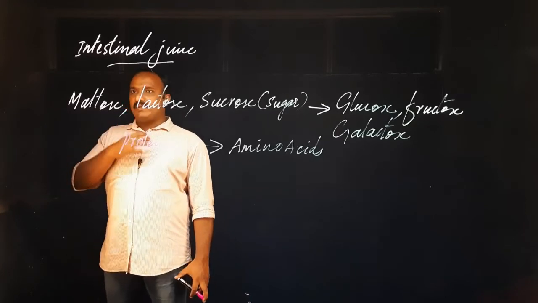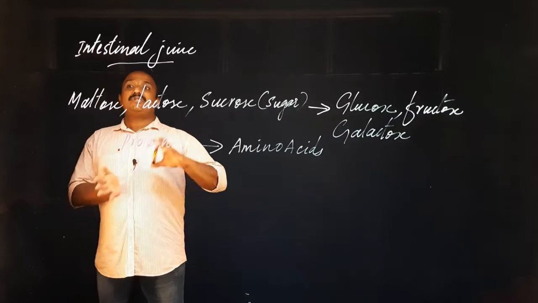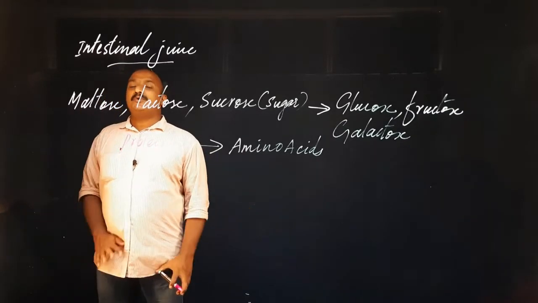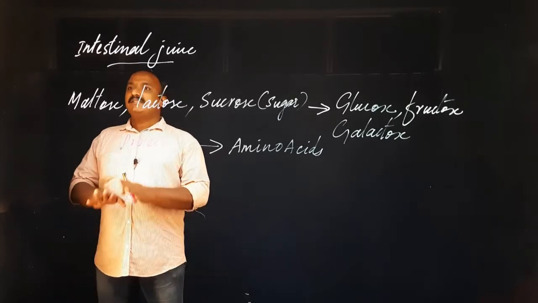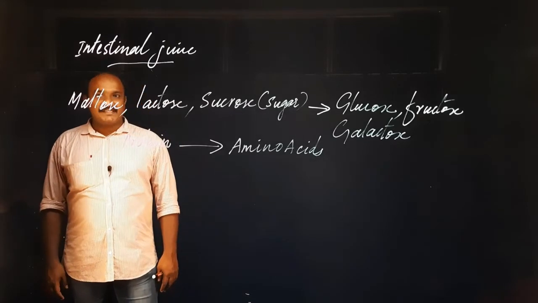Then from the duodenum, protein was converted into peptide. First peptone, then peptide. Then that peptide is converted into amino acid. This is the last stage. Now protein is also digested.